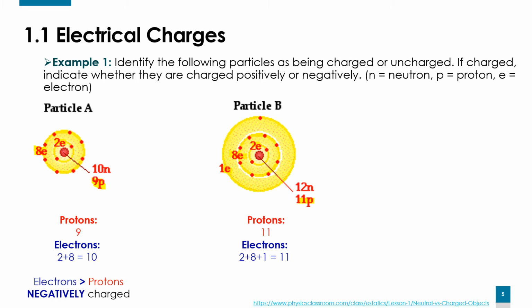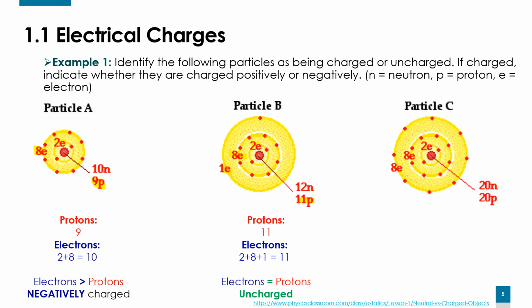What do I have more, protons or electrons? I have the same. So electrons equal protons. So is this atom positively, negatively, or uncharged? It is uncharged because I don't have more positive or negative. They are the same. So they are uncharged.